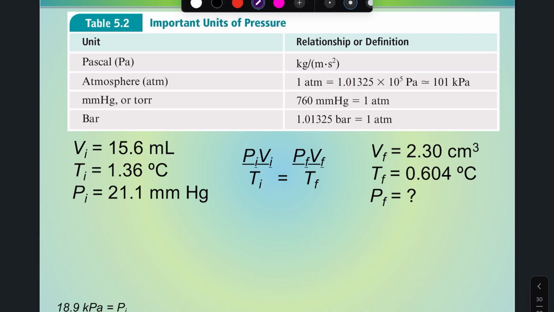Honestly, if you can do this equation starting from PV equals nRT, and you can solve all of this information here, then you can likely do every single problem that you're going to need to. And this is going to be the answer. Go ahead and check your work at the end. I'll give you a second if you need to pause the video.